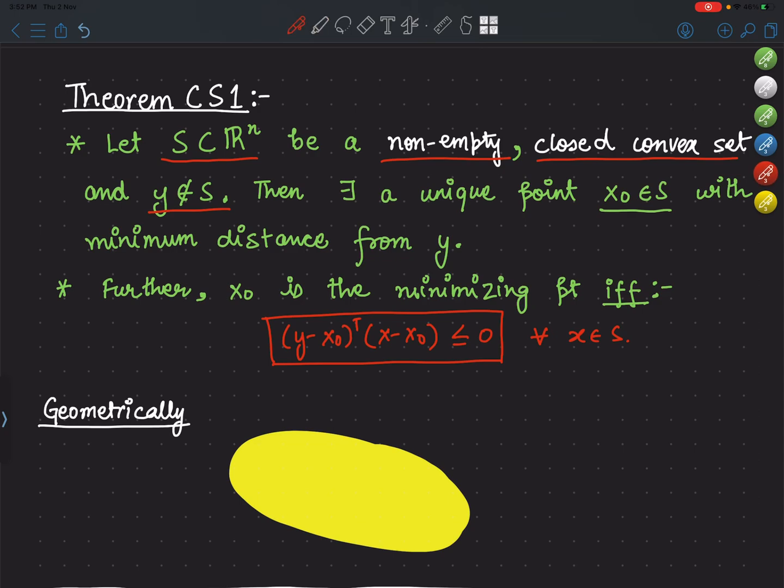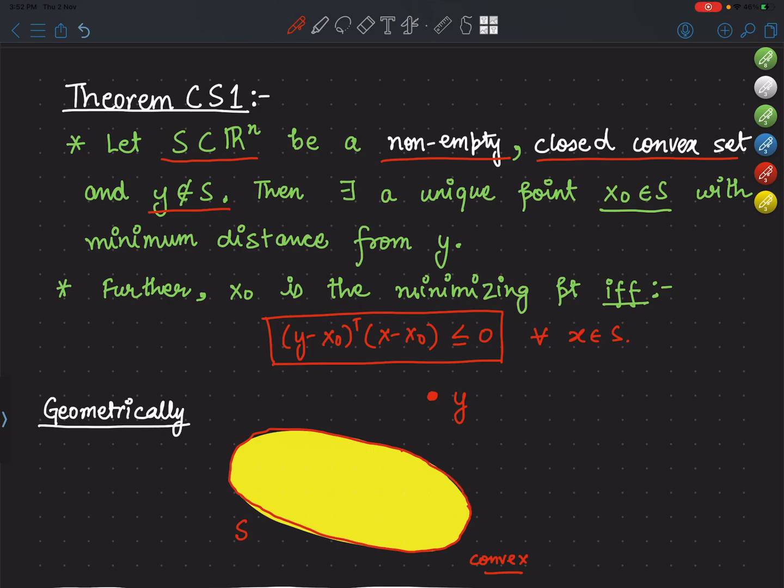Let this be set S, and let this be the point y we are talking about. This is non-empty and closed convex. You can see it is convex, and it is also closed. Closed means it should include its boundary points. So this red represents boundary points, and the set includes these boundary points.